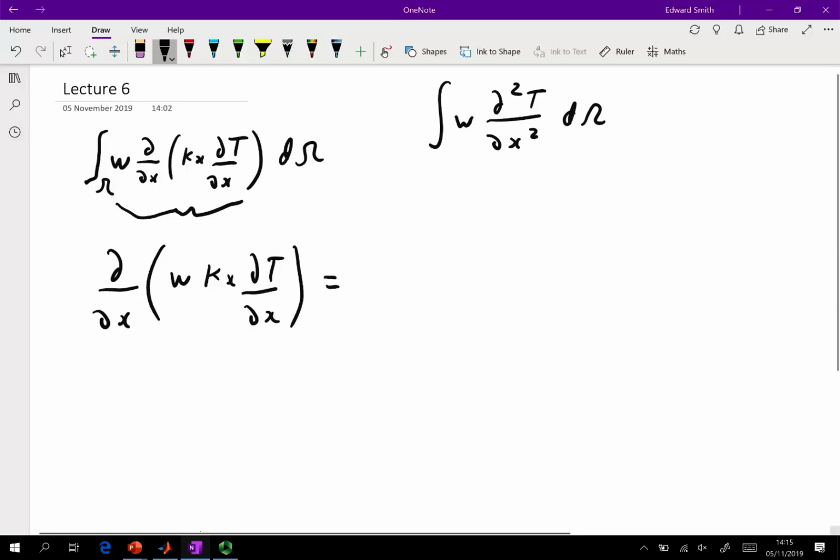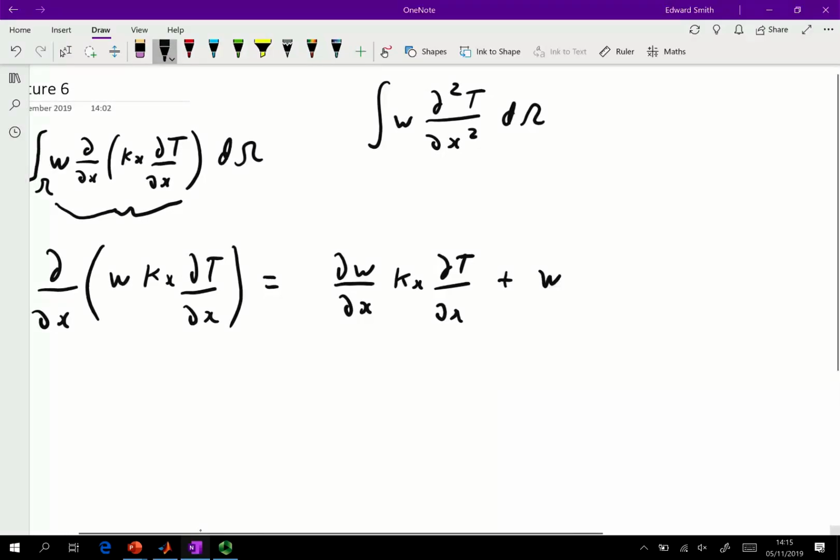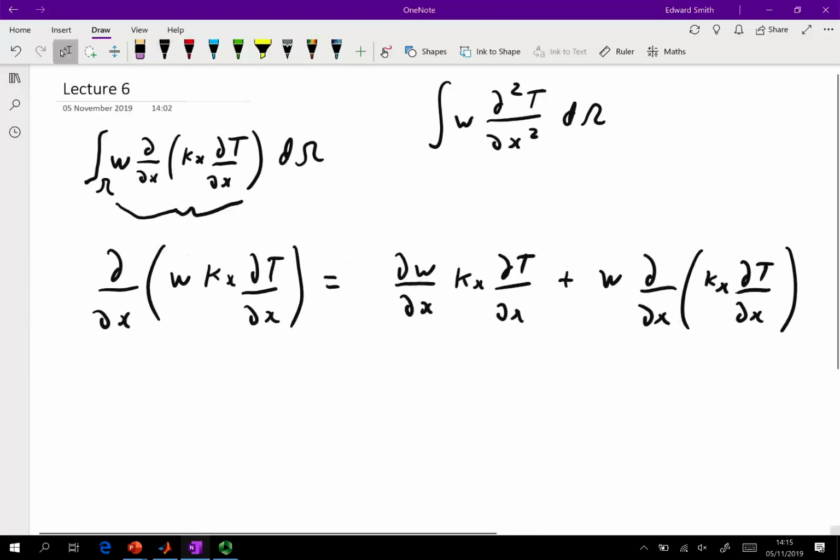So if we re-express it like this, the process of integration by parts gives us d omega dx, kx dT/dx, plus, integrating the second part, omega d by dx of kx dT/dx. So looking at integration by parts of the entire expression, we get this term here, and then this expression which is equivalent to this here.